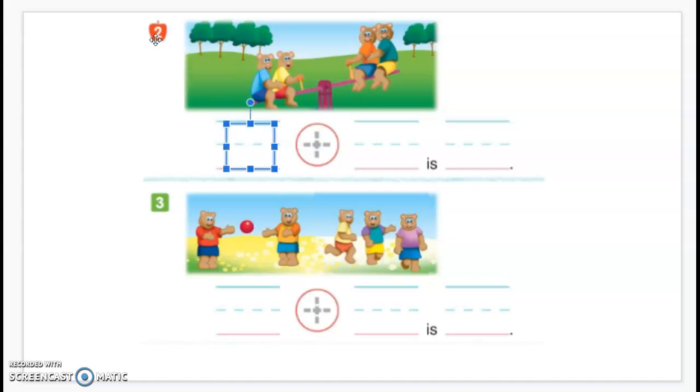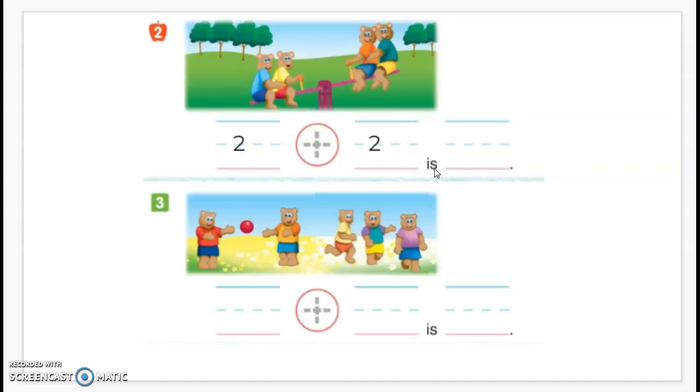So here for question 2, we're going to look at how many bears are on the left side, and then we're going to write that number down. 1, 2. We're going to use the plus sign because we know that we're adding right now. So we're going to add on to this first group, how many bears in the second group? 2.